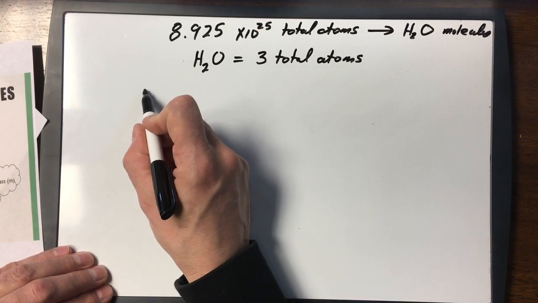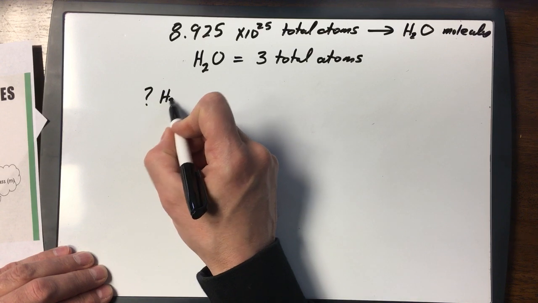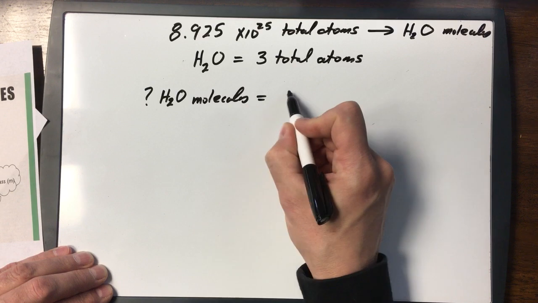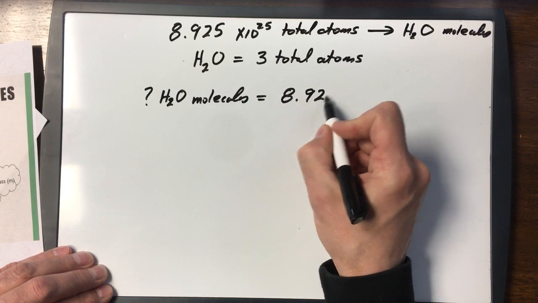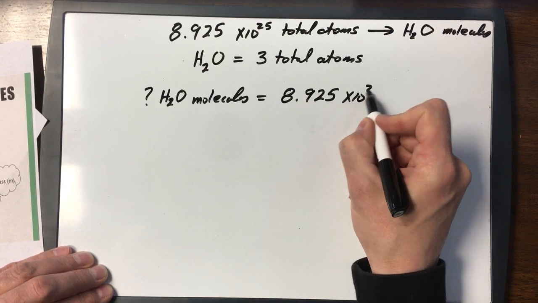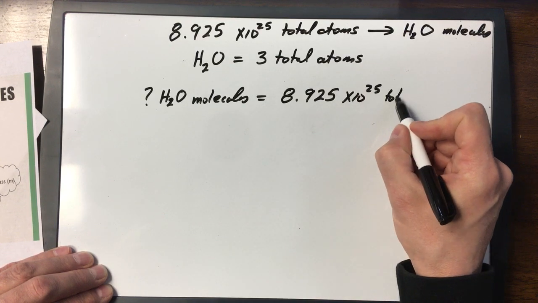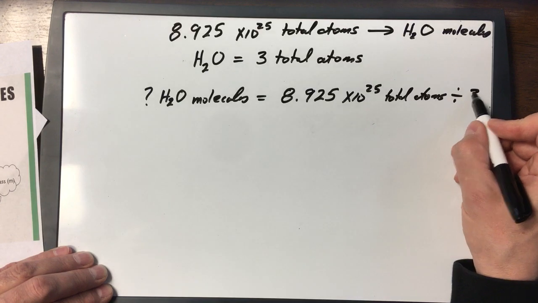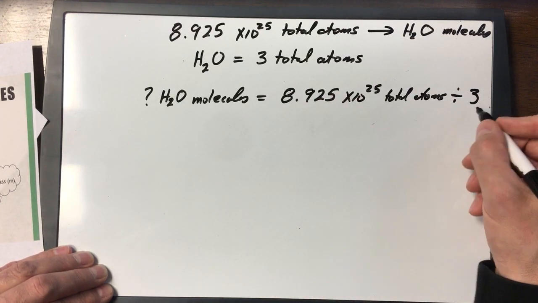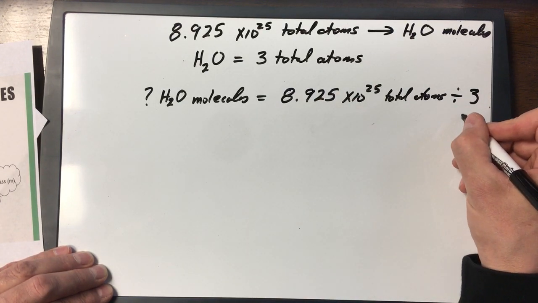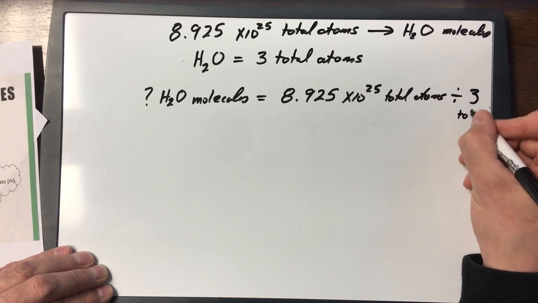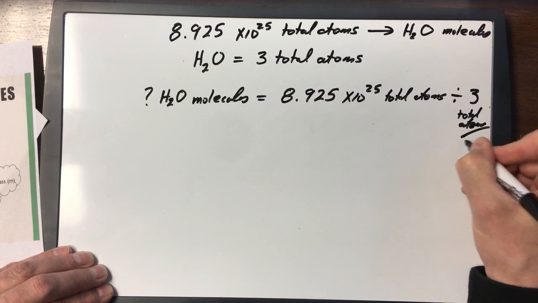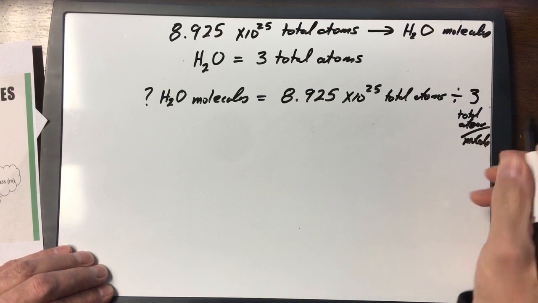So we're going to look at question mark water molecules is equal to 8.925 times 10 to the power of 25 total atoms divided by 3 total atoms per molecule.